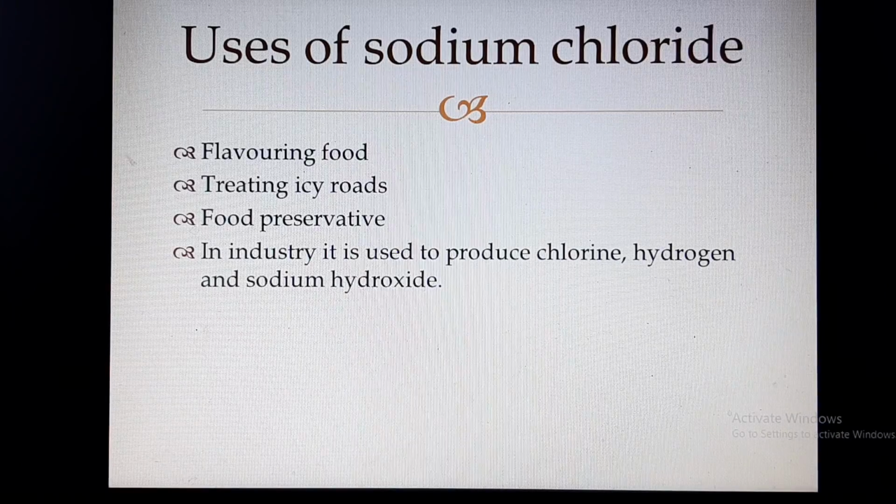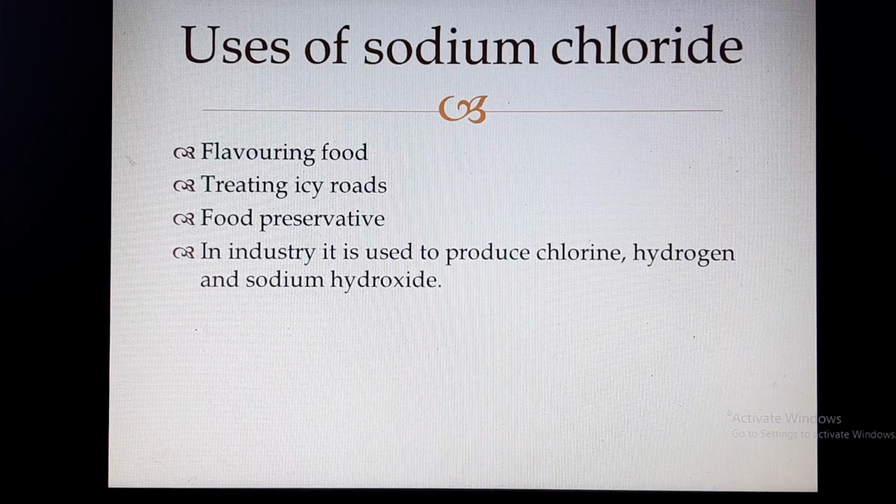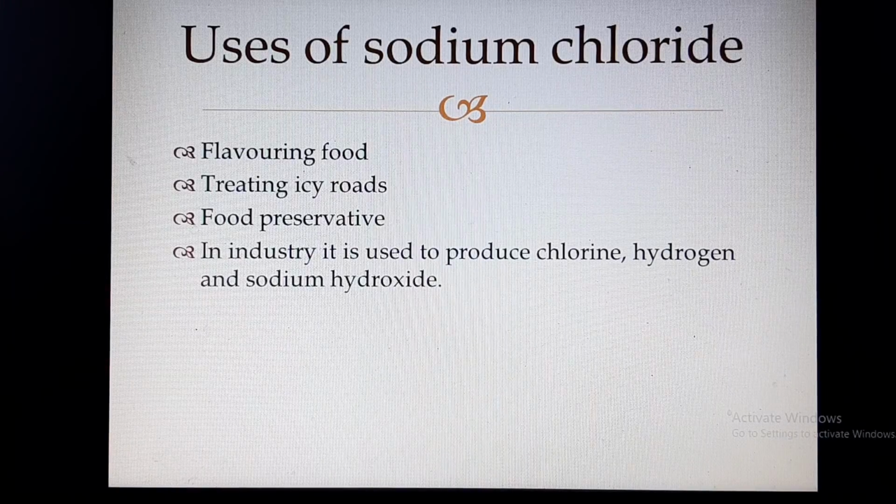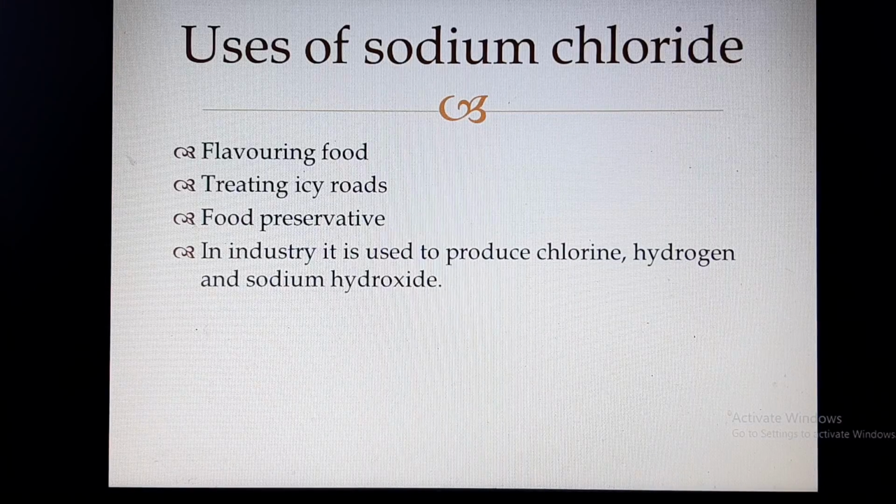Means in the production of sodium hydroxide, chlorine and hydrogen gases, we need sodium chloride. By using sodium chloride in industry, they are producing chlorine, hydrogen and sodium hydroxide.